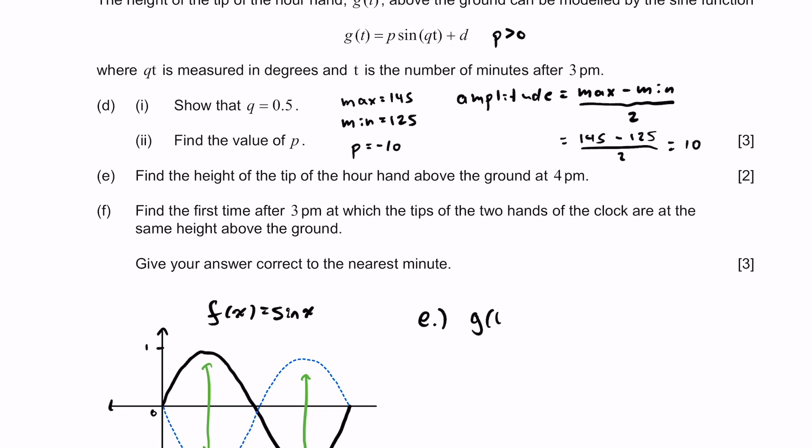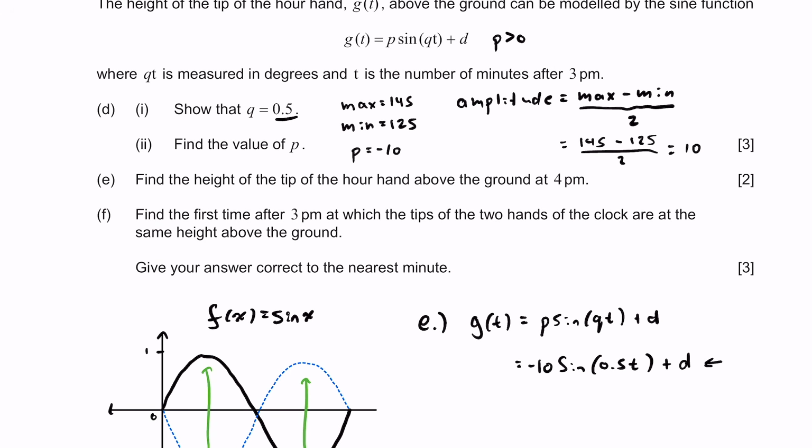G of t, which tells us the location of the hour hand through time, is given by p sine q of t plus d. We found p was equal to negative 10. We found q itself was equal to 0.5. And then d we actually don't know yet, but it's the midline, the halfway point.